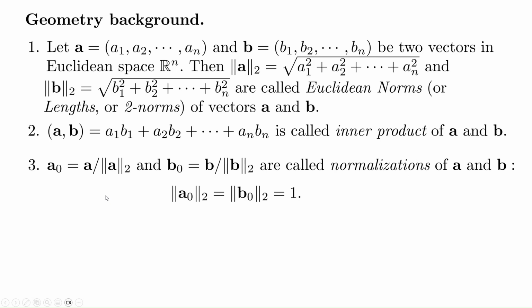Also, if a vector is scaled by dividing by its two-norm, we come up with another vector, denoted by A0 and B0. These are called normalizations of the vectors because the normalized vectors have two-norm 1.